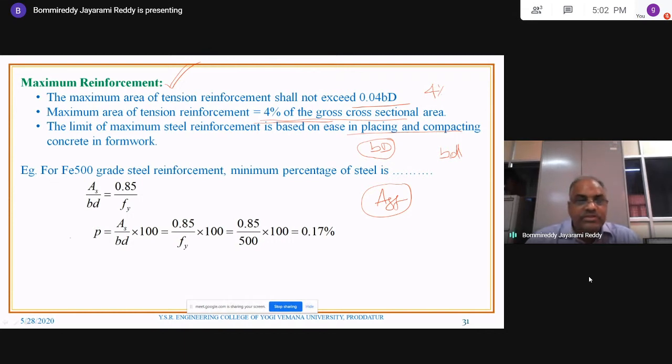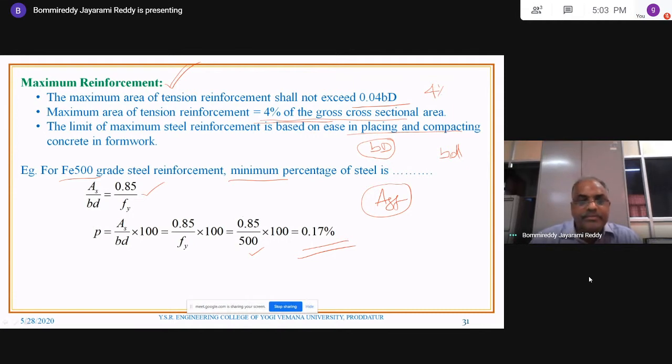So sometimes the question in the examination may be, for Fe 500 grade steel, the minimum percentage of steel is? Minimum means you remember this formula: Ast by bd into 100 is p. So 0.85 by fy into 100, and it is nothing but 0.85 by 500 into 100, which is 0.17.